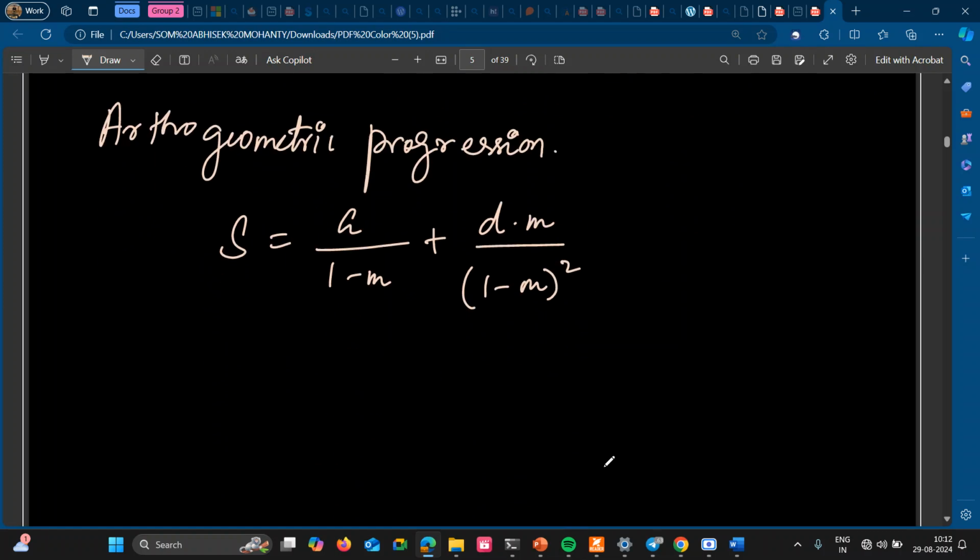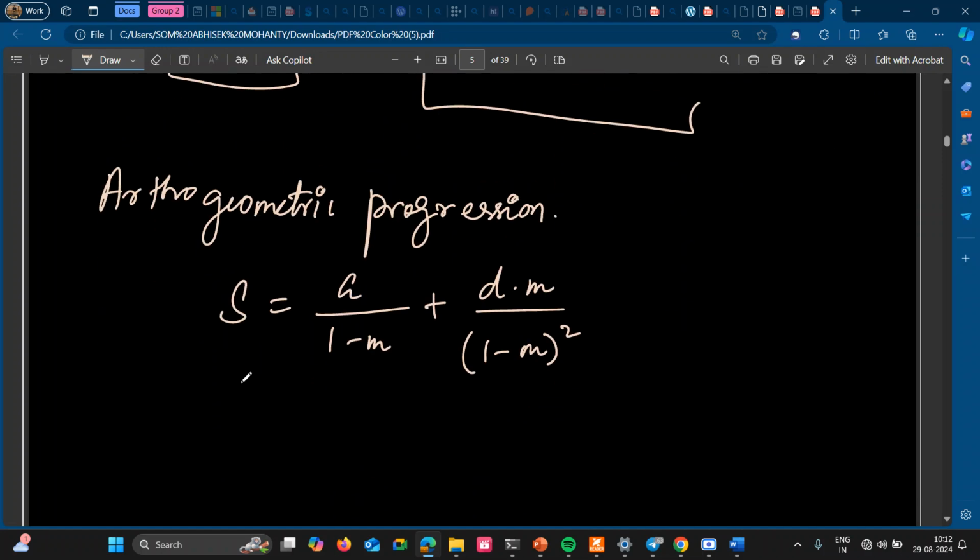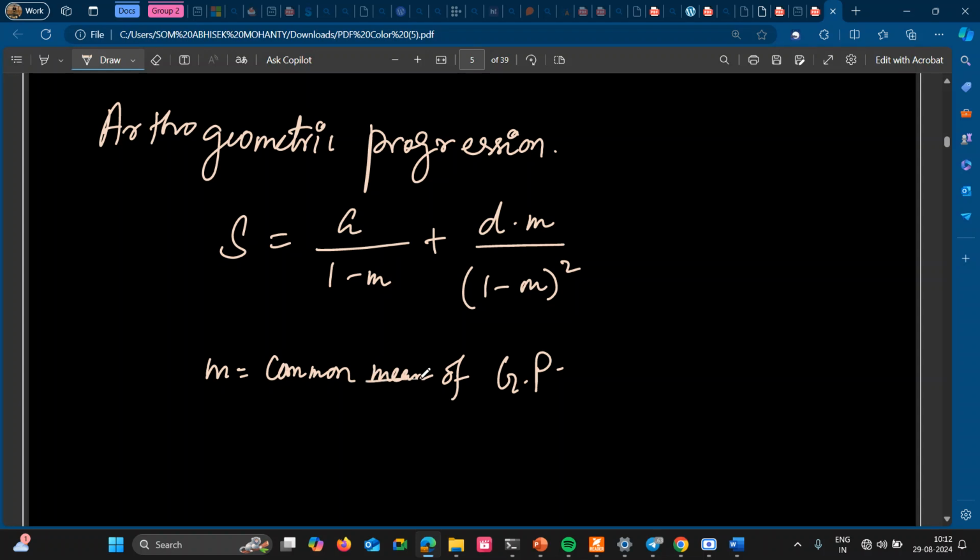So how will you do it? Only if you do a lot of questions. So what is M here? M is the common multiple of the GP, and D is your common difference in the AP.